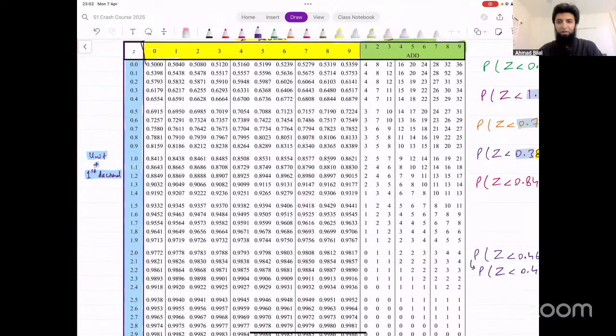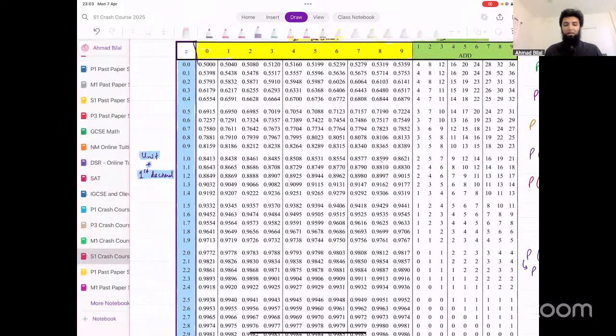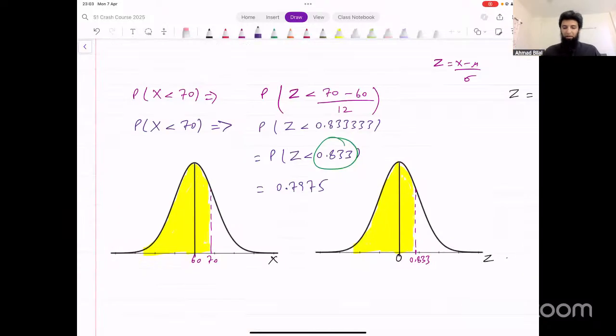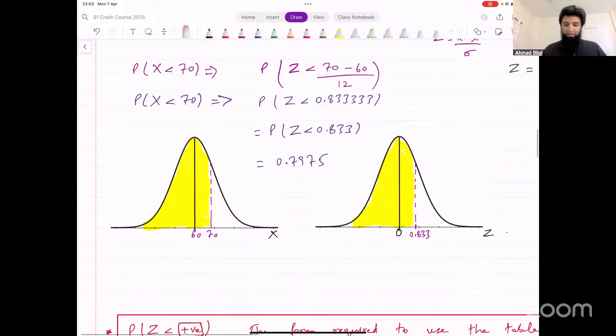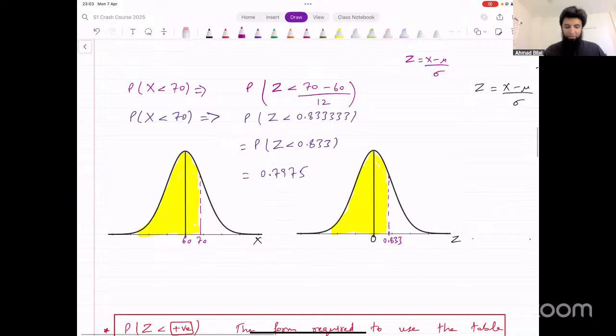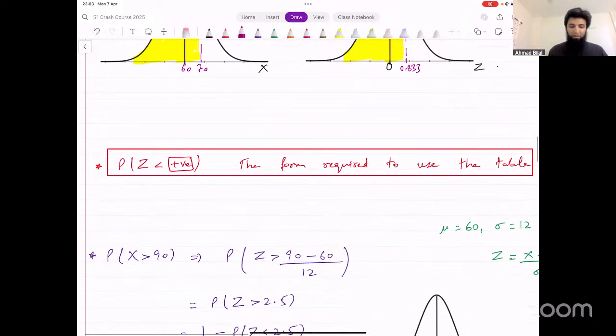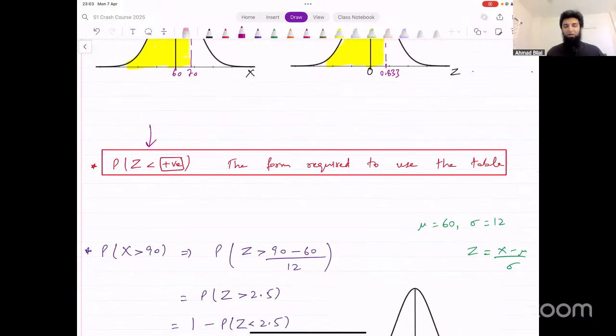This is what we did in the last session, but there was some detail in this. What was that detail? The table only works when you have a format that looks like this. This was very important, and it is going to be required today as well.